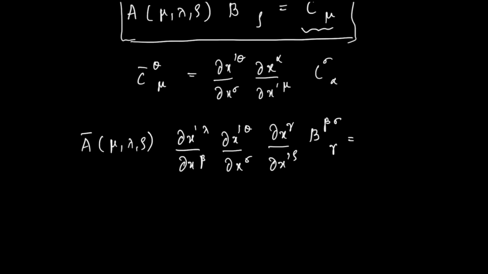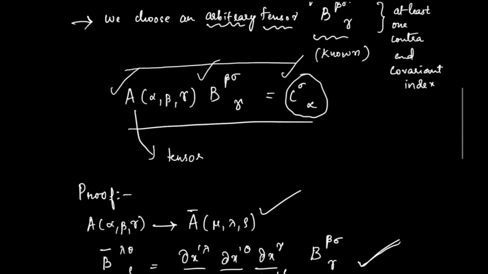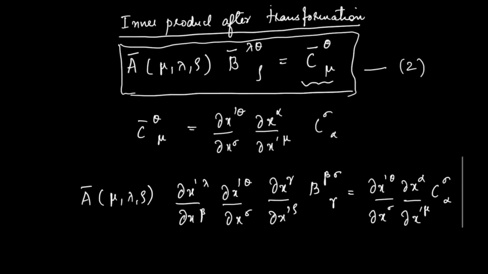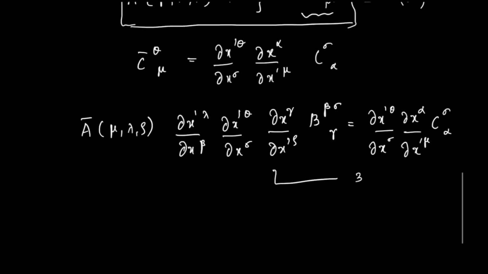This is equal to C bar: partial derivative of x prime theta with respect to x sigma, partial derivative of x alpha with respect to x prime mu, and C sigma alpha. Now I'll give some names for these equations. Let this be equation 1, let this be equation 2, and let this be equation 3.